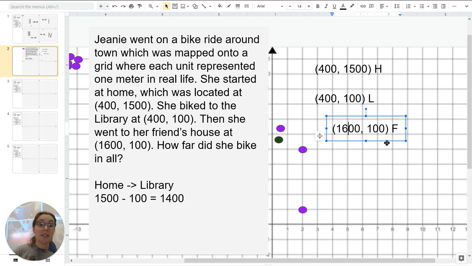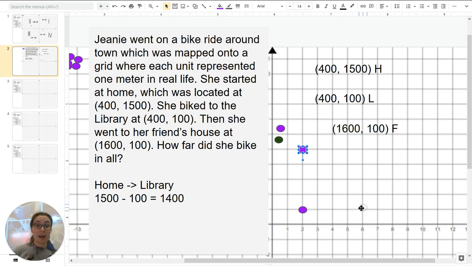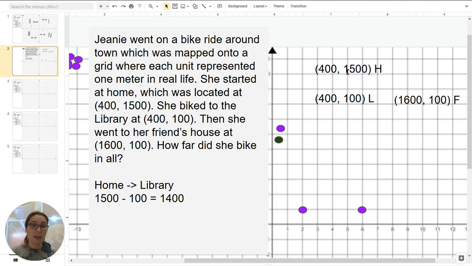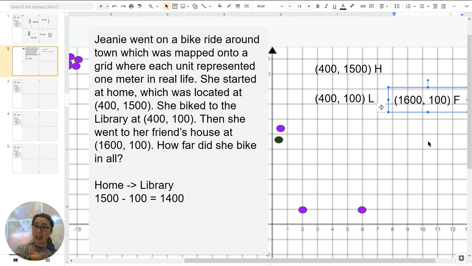The y-coordinate is the same, just like if I had points at 2, 1 and 6, 1 on my coordinate graph. They're the same level up from the x-axis. So she went from here down to here, over to here. So she's basically gone in a big L.